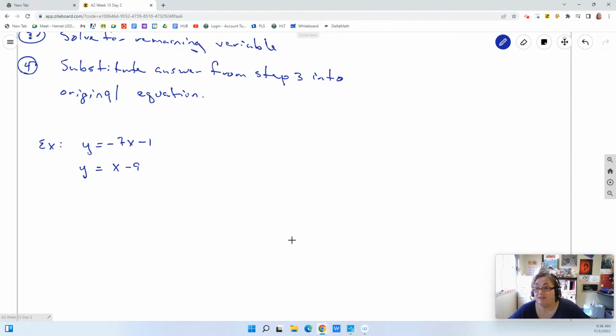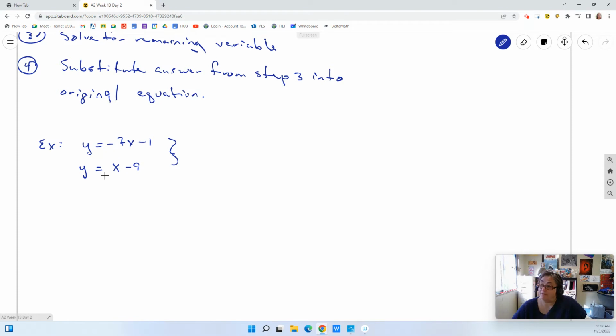We don't need to isolate the variable because both equations are already isolated. But like I'd said before, if I had y equals 4 and y equals s, I could write 4 equals s, right? So here, if I look at these two equations, they're both already solved for y.